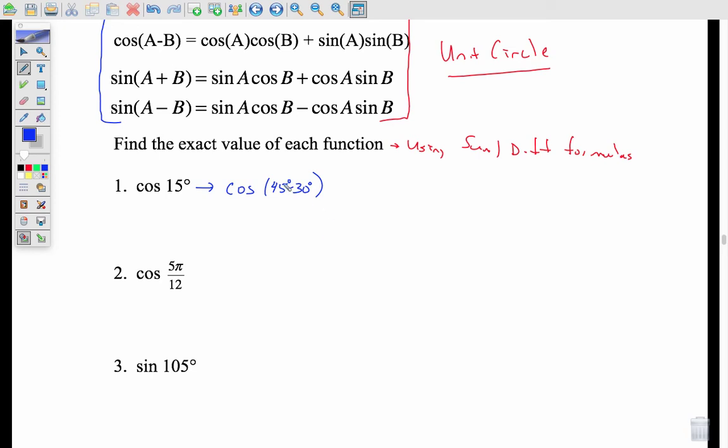Now, obviously, you could go around your circle. We could do 60 minus 45. We could do 135 minus 120. We could do 150 minus 135, and so forth.